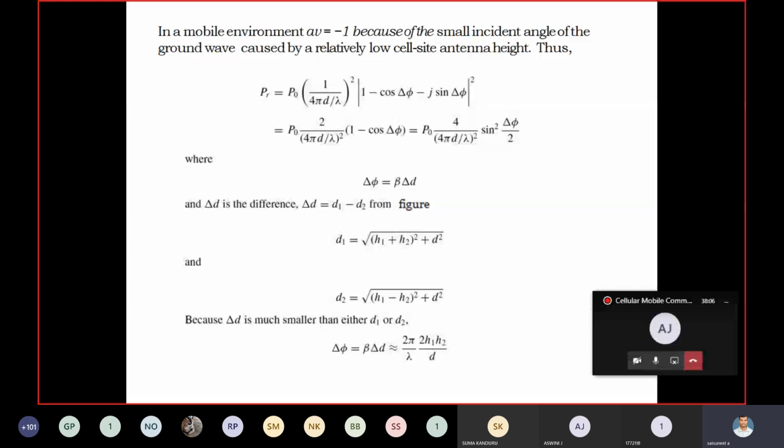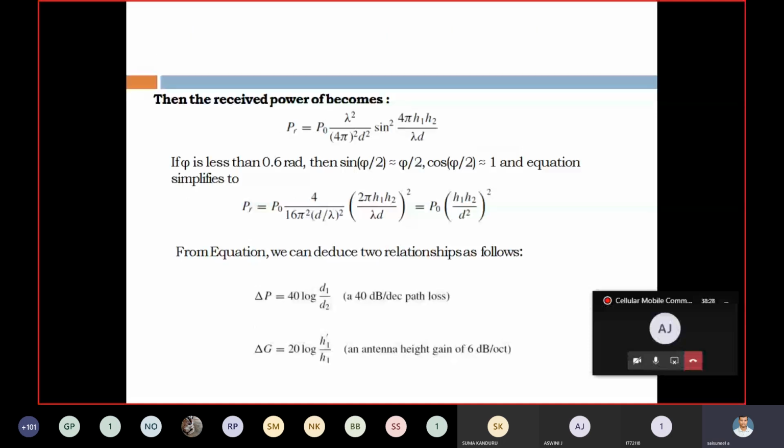Finally delta phi, which is equal to beta into delta d, is approximately 2 pi by lambda, since beta is 2 pi by lambda, multiplied with 2 h1 h2 divided by d. Then substituting this, we finally get P_R equal to P naught into (lambda by 4 pi d) square times sine square of (2 pi h1 h2 by lambda d).